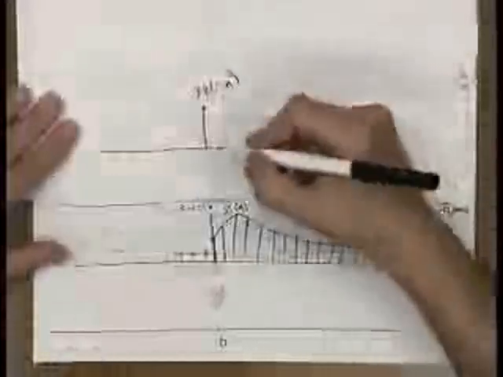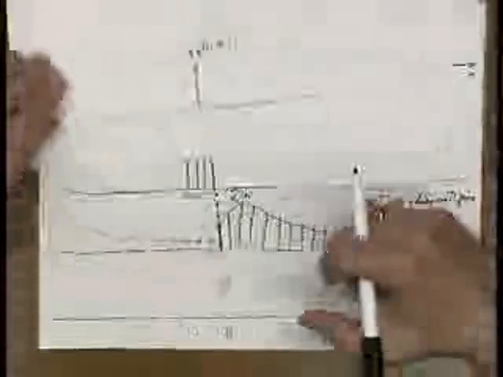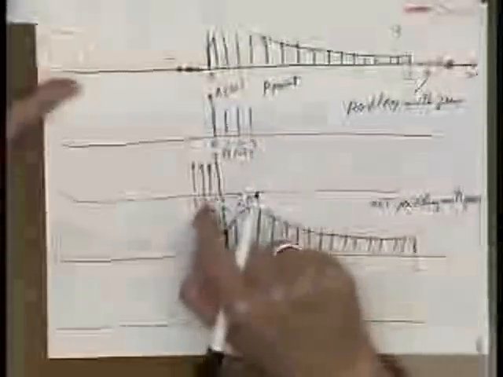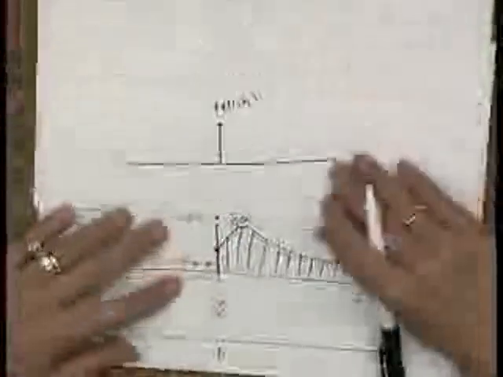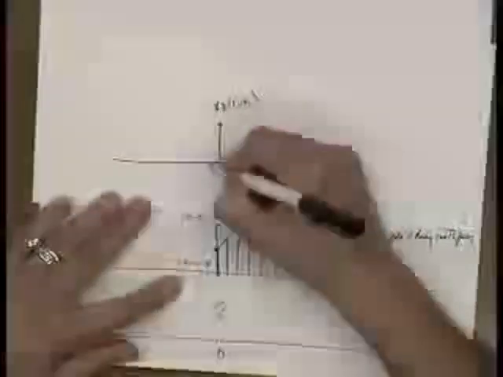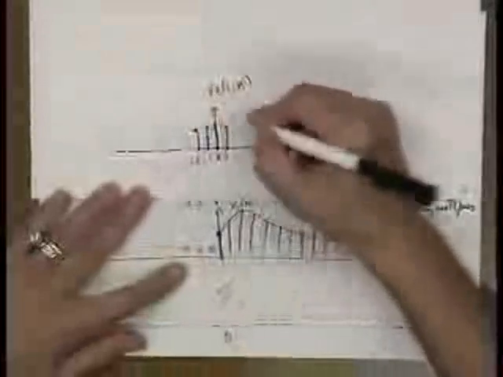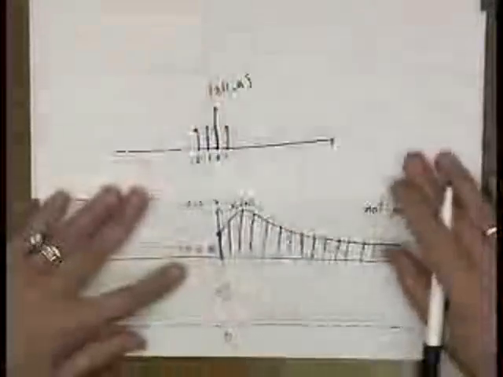It looks the same as before, but it's just been shifted by 1. Previously, it had 0, minus 1, minus 2, minus 3. Now it's going to have indices minus 2, minus 1, 0, and 1. So let's plot that: 0, 1, minus 1, minus 2, 4 equal values, just like that. This is x2 of 1 minus n.